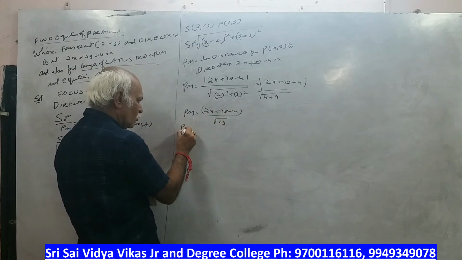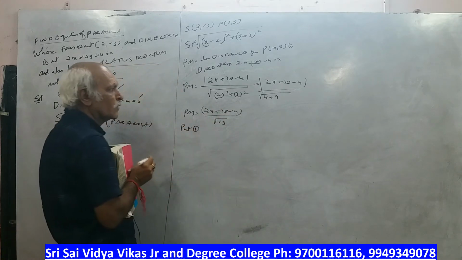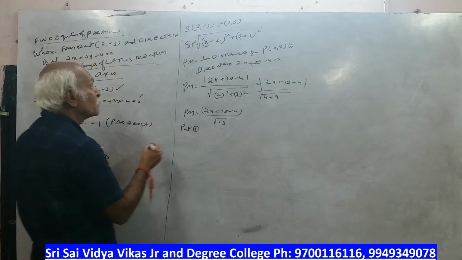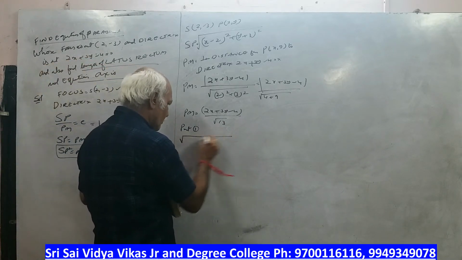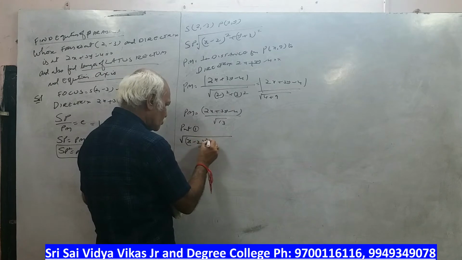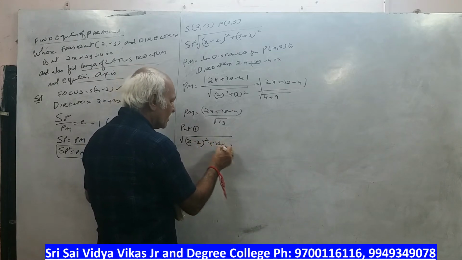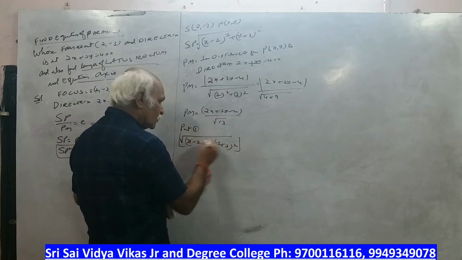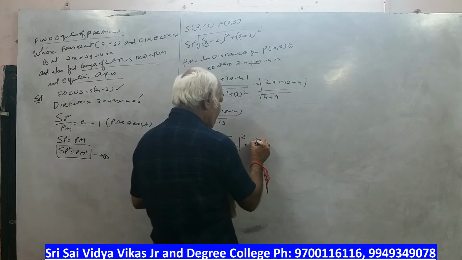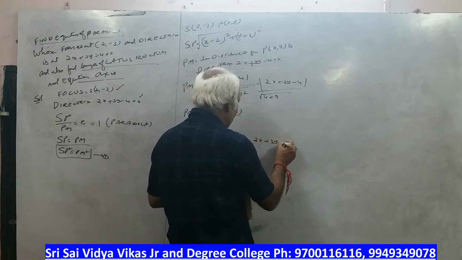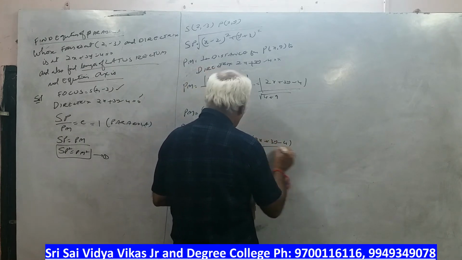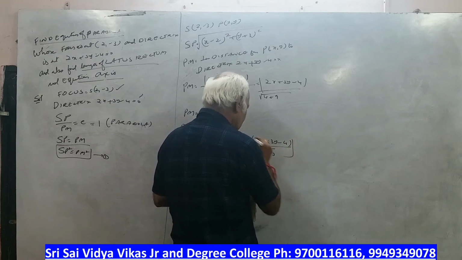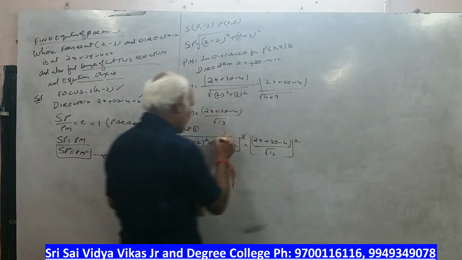Put in equation 1: SP square, (x - 2) whole square plus (y + 3) whole square, is equal to PM square, which is (2x + 3y - 4) by root 13 whole square. So the square root will get cancelled.